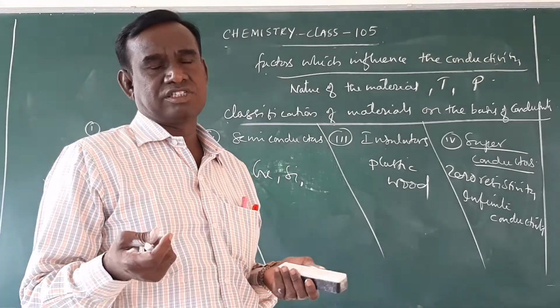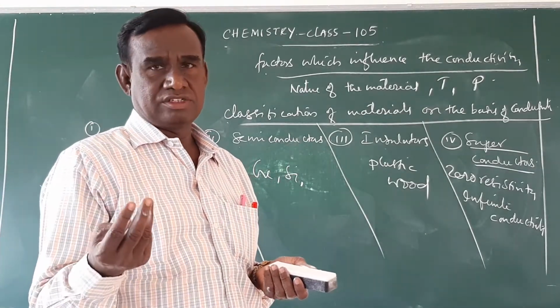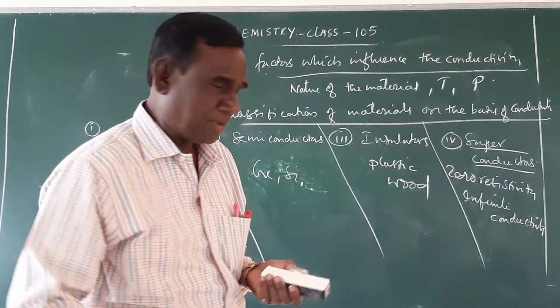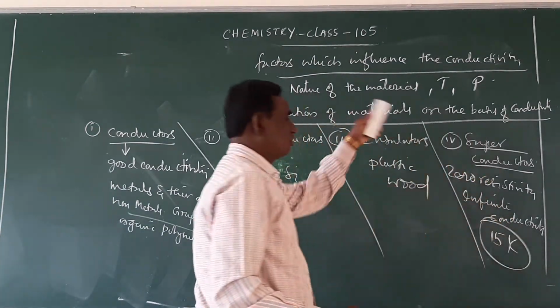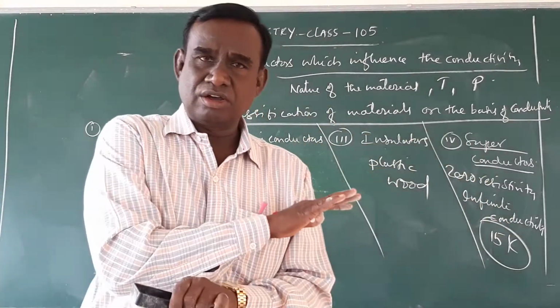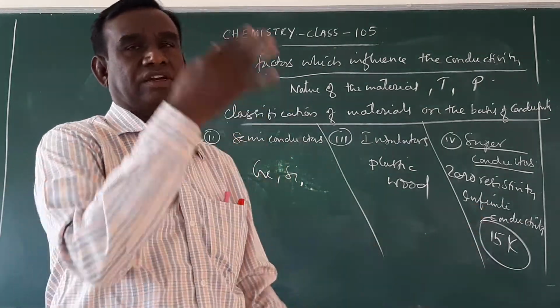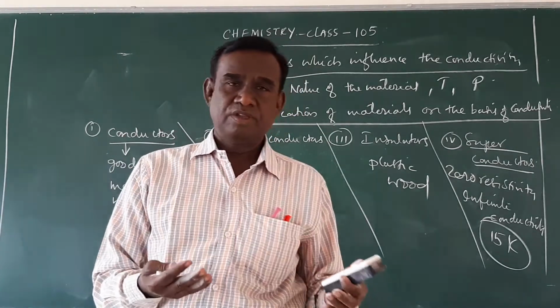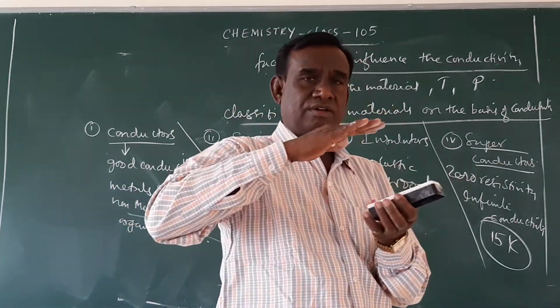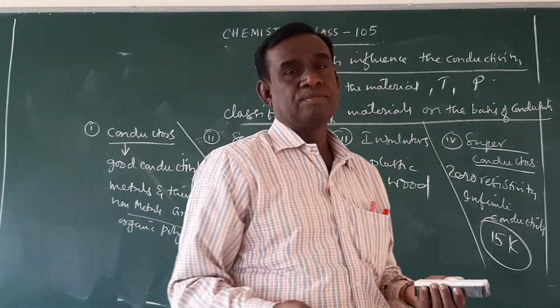Some of the metals and their alloys at a very low temperature of 15 Kelvin act as superconductors. They do not offer any resistance for the passage of electricity, but maintaining a temperature of 15 Kelvin is very difficult.